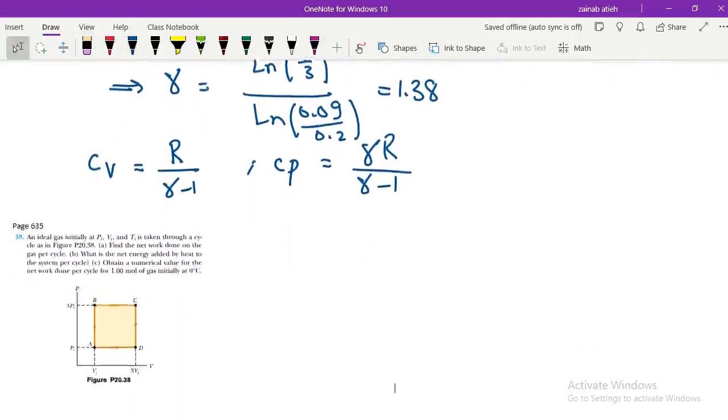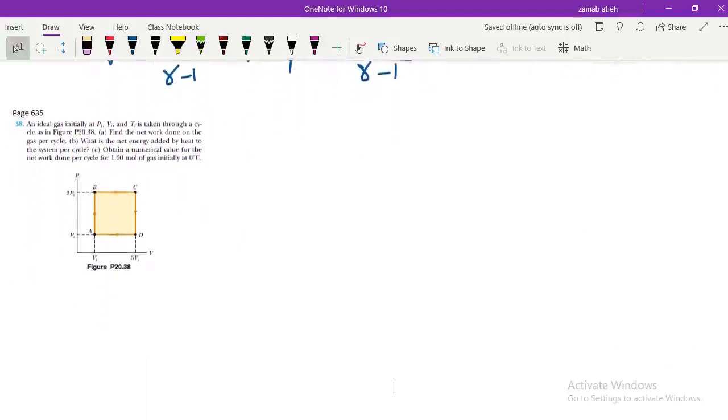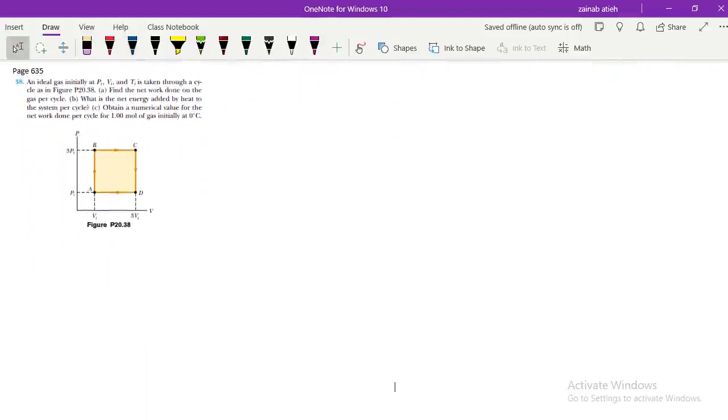Now I will move to problem 38, page 635. This problem says an ideal gas initially at Pi, Vi, Ti is taken through a cycle as in figure 20.38. Find the net work done by the gas per cycle.